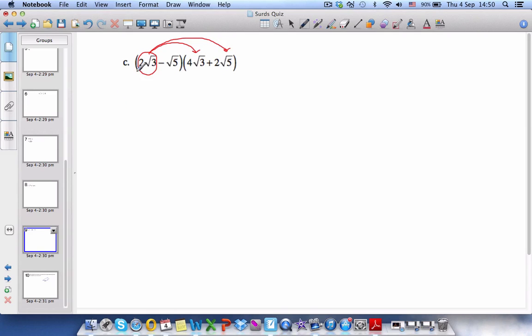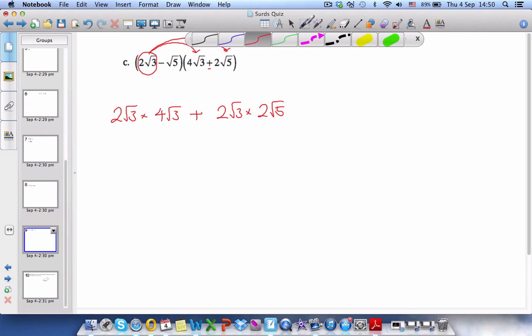Okay, so that's going to be 2 root 3 times 4 root 3, 2 root 3 times 4 square root of 3, okay, plus, that plus is coming from here, 2 root 3 times 2 root 5.